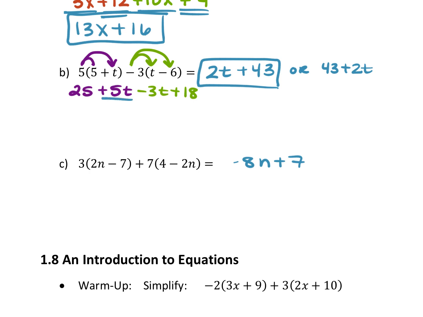So you have 5t minus 3t is 2t. And then you have 25 plus 18 is a positive 43. Okay, so you can write it like that, or if you did the 25 and 18 first and you put the 43 first, that's okay. Either one of those is great. Any questions on that one?